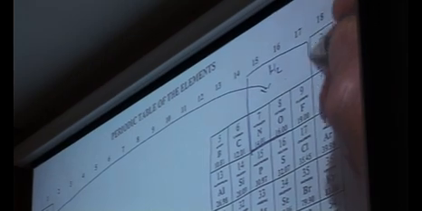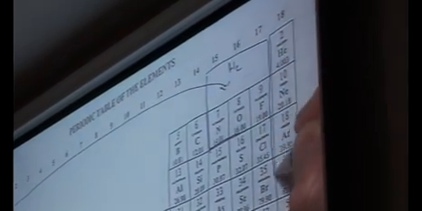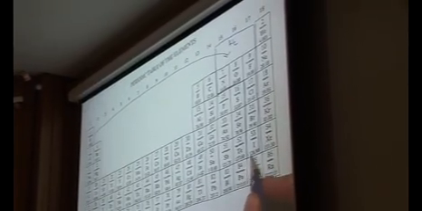And those elements include hydrogen, nitrogen, oxygen, fluorine, chlorine, bromine, iodine, astatine too, but I'm going to leave that out because it's rare, it's radioactive, it's not something we ever use. All those elements in the periodic table we signify as the molecular formula, H2, N2, O2, unless we specify otherwise.